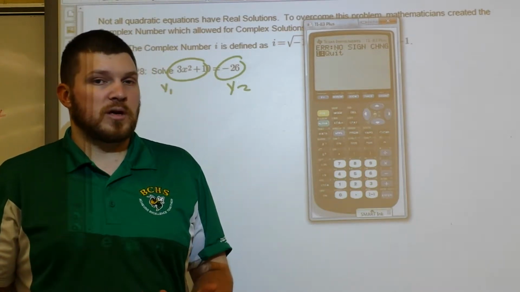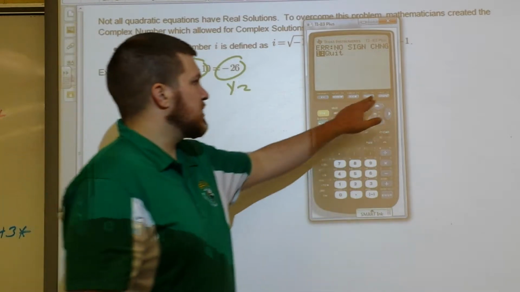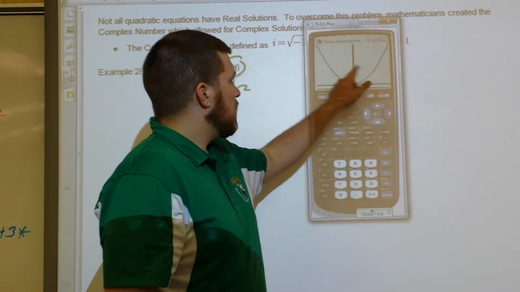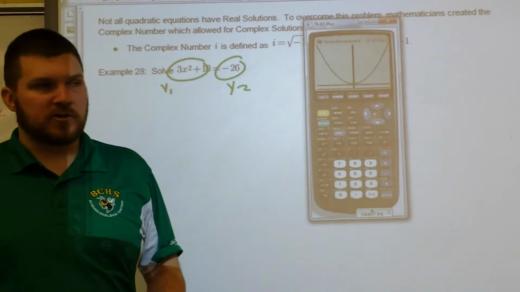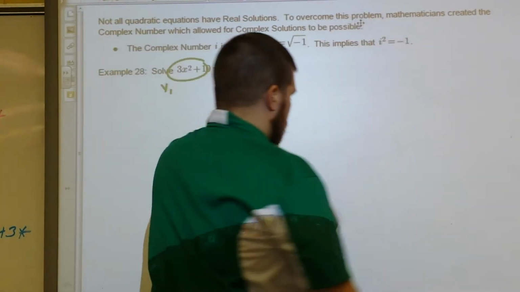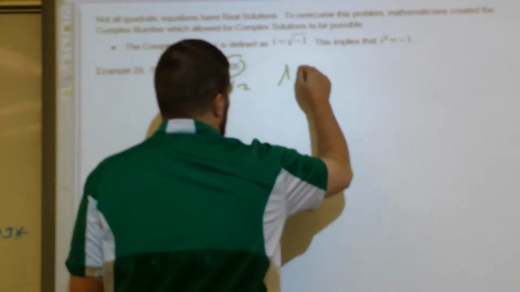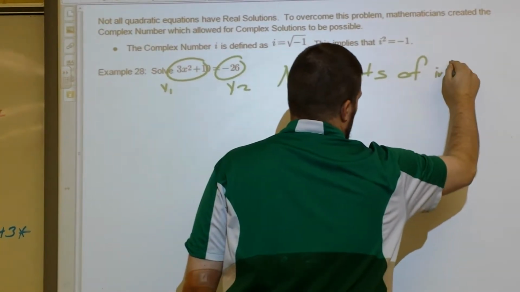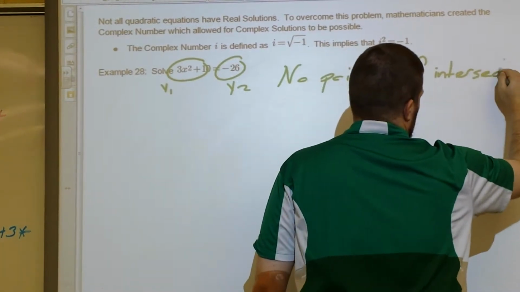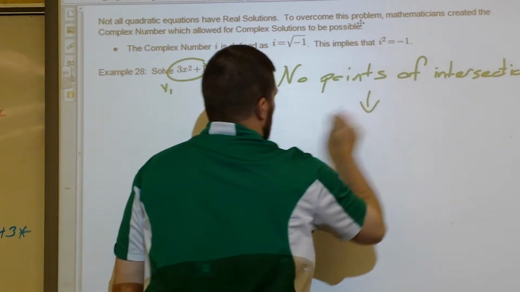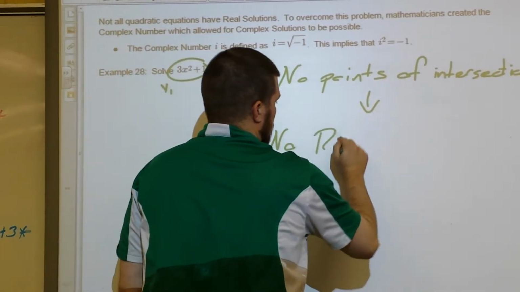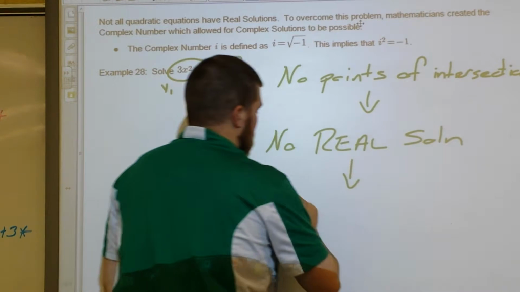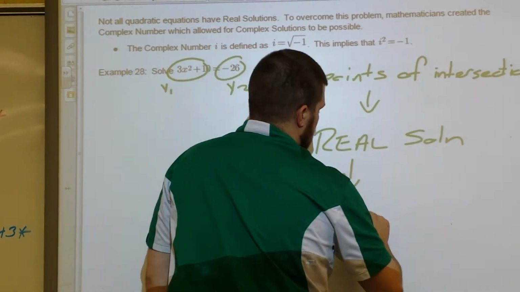So you either play with the zoom some more, or in this case, if you look at the graph, there actually are no points of intersection. That means no real solution, which means yes, complex solutions.